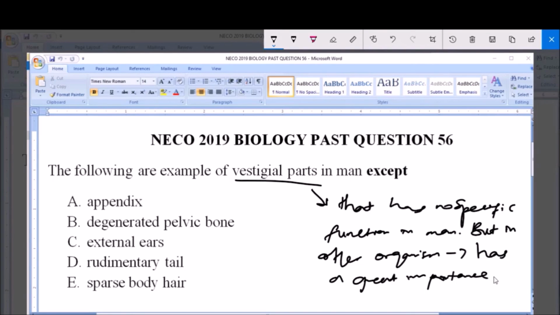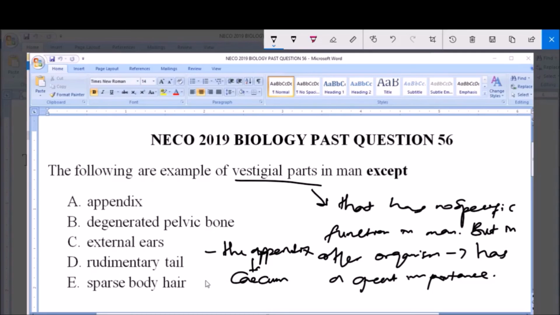Now I'll give you an example of a vestigial part in man. An example is the appendix. This appendix in man has no specific function, but in the herbivores, it is represented as the cecum, where digestion still occurs.